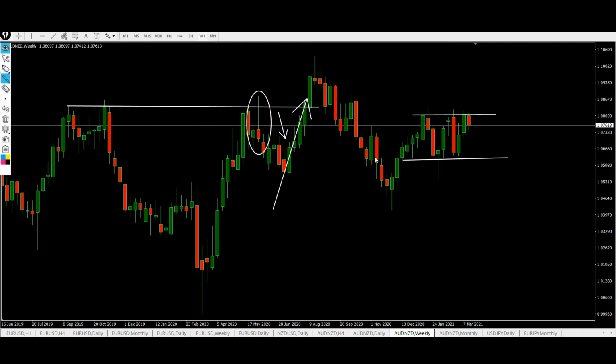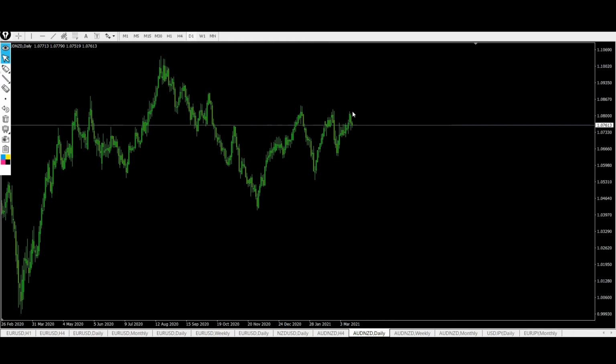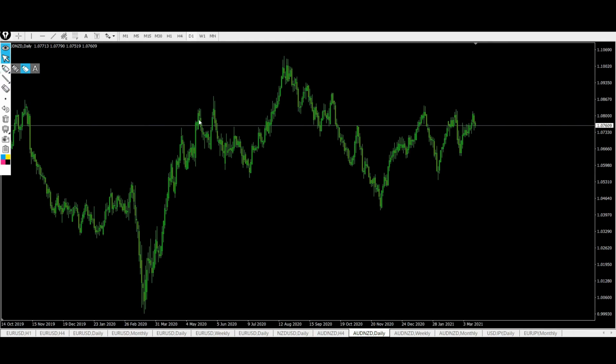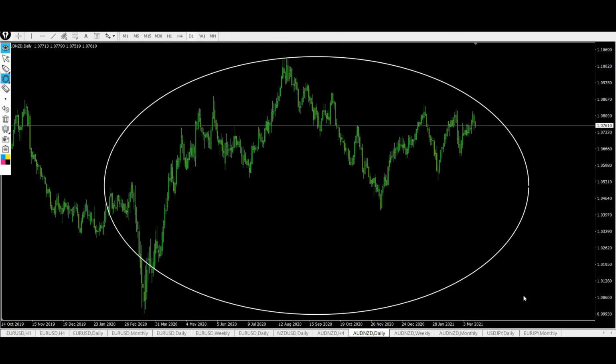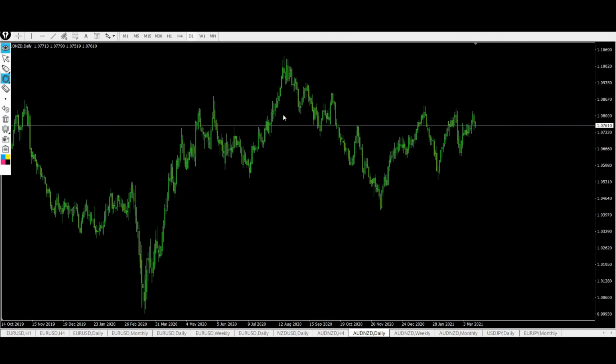Okay, now let's look at even finer details by looking at the daily chart. On the daily chart, that monthly price area is this entire area. Immediately we could see, remember on the weekly chart we had that resistance here.